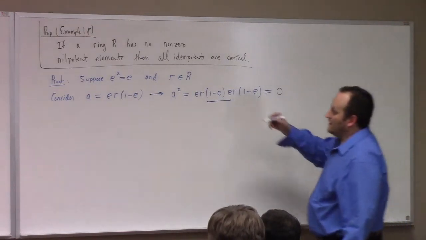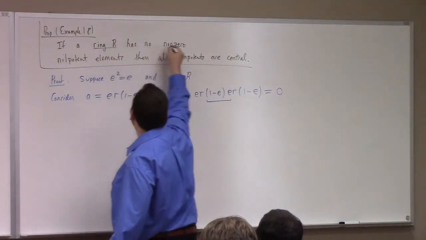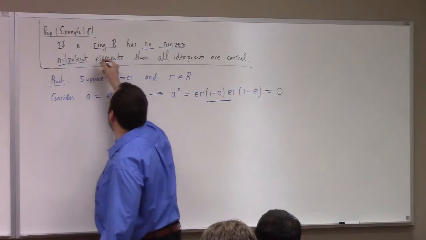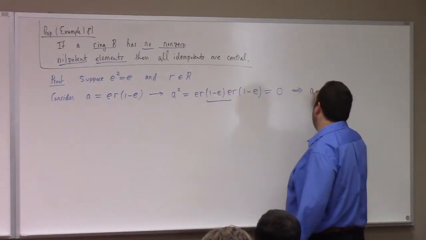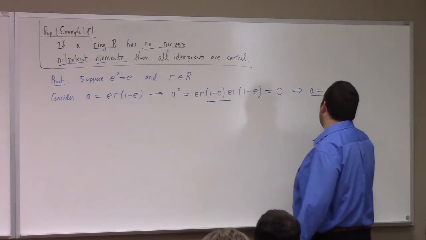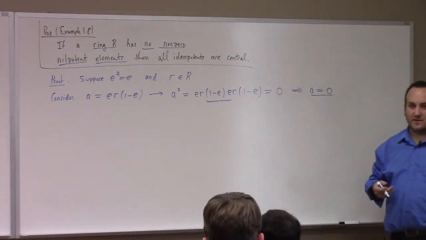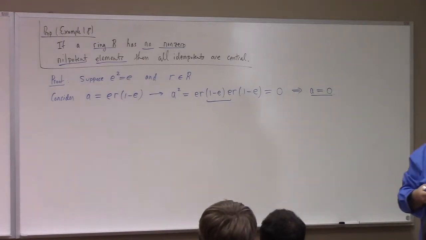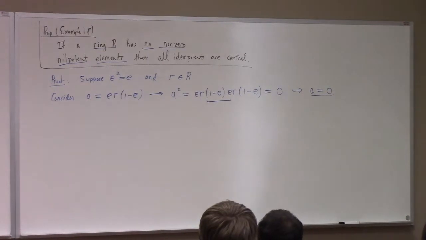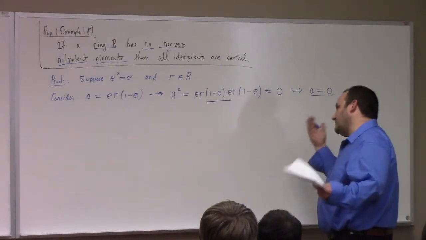But if we're assuming that the ring R has no non-zero nilpotent elements, then that implies what? A must be, in fact, 0 if it squares to 0. Otherwise, it would be a non-zero nilpotent element.